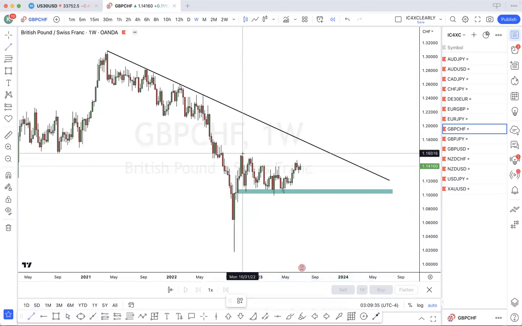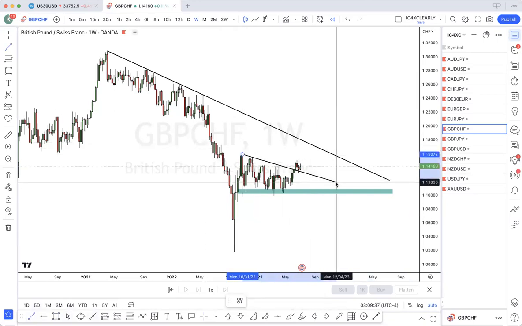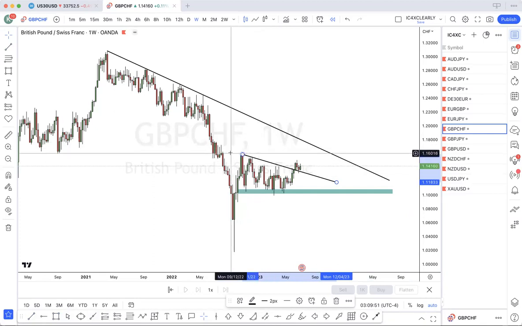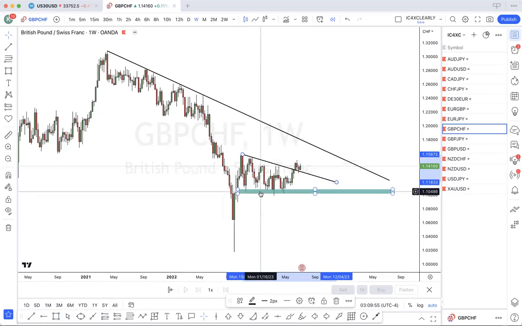There may have been a little. This would be considered my swing high here. But with all this consolidation, that would be my last swing low.